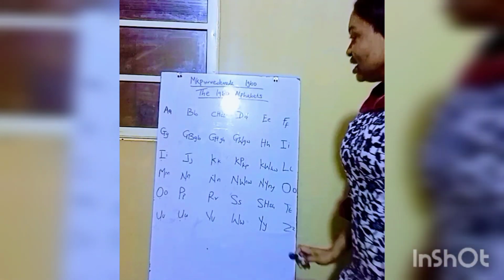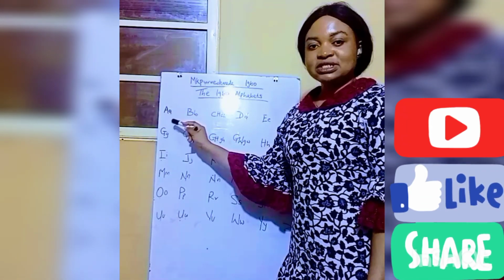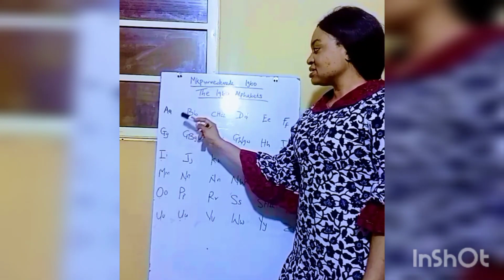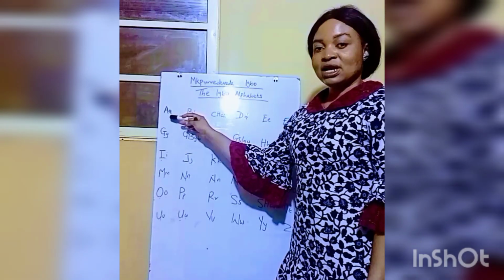Now, we will go to the board for us to see how these letters are written and how they are pronounced. When you look at this board, you will see that the Igbo alphabets are written in capital and in small letters.